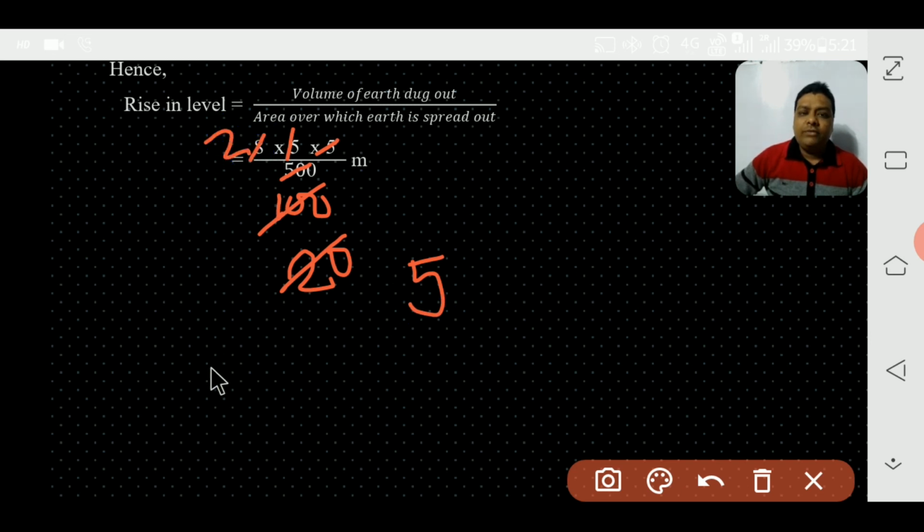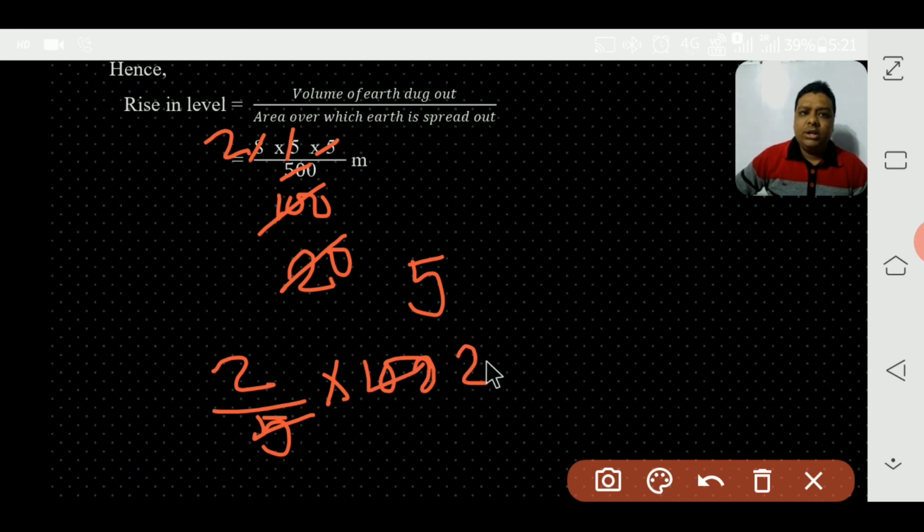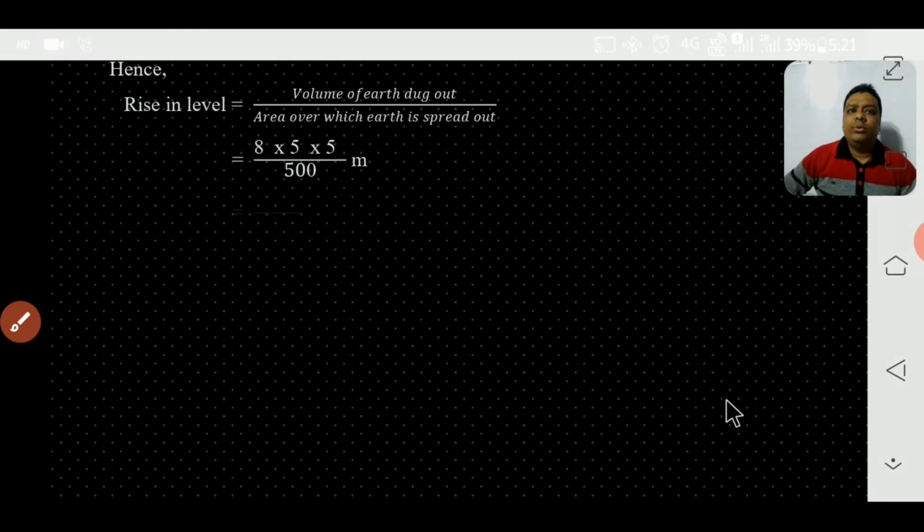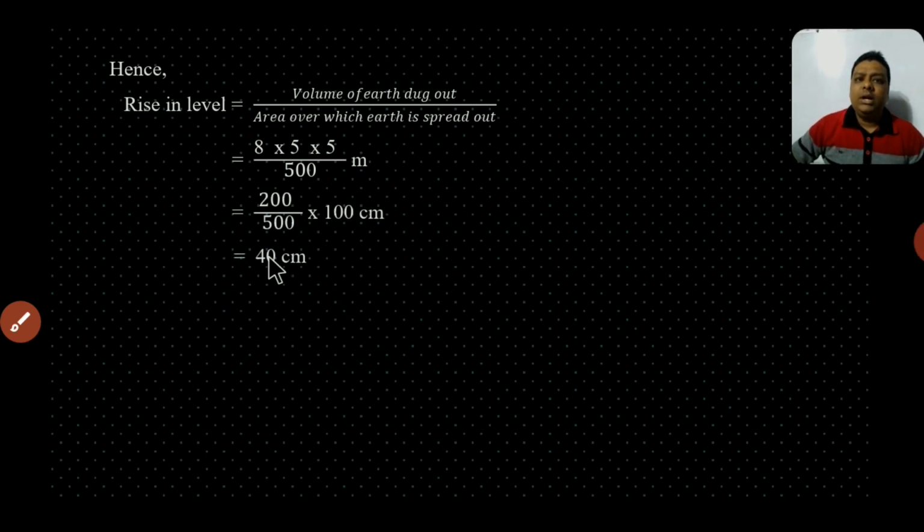So 2 by 5 meter. So we can change it into centimeter if you multiply it by 100. So 2 by 5 into 100. It means 20 into 2 will be 40 centimeter. So 40 centimeter will be the rise in the level. 40 centimeter will be the rise in the level. That is our answer. I hope that you all have understood, students.